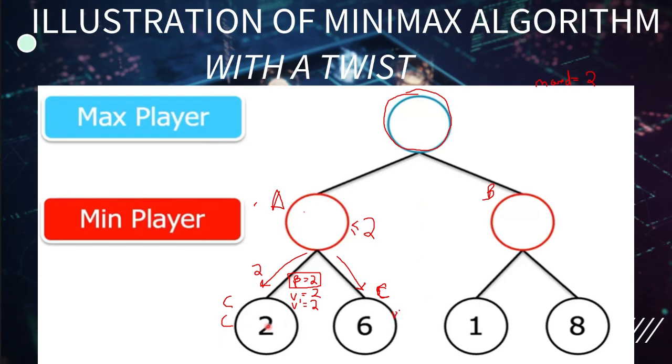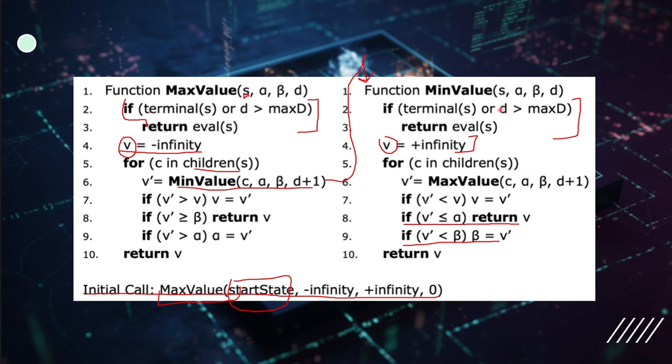When we compare it with the value of V, it comes out larger, so the value of V won't be affected and this statement won't be executed. Again, alpha is minus infinity, so this statement is also skipped. And V dash is not less than beta, so this one is also skipped.